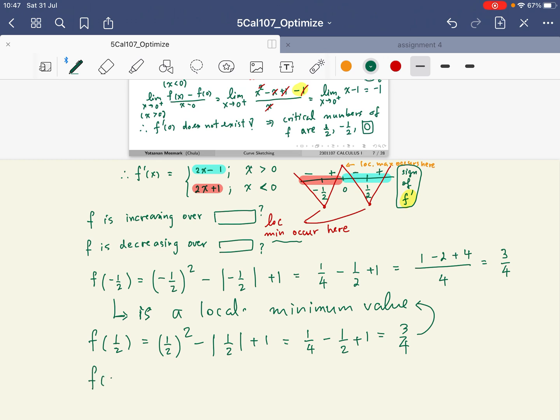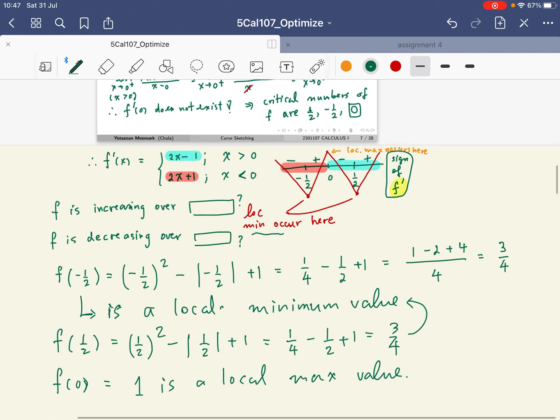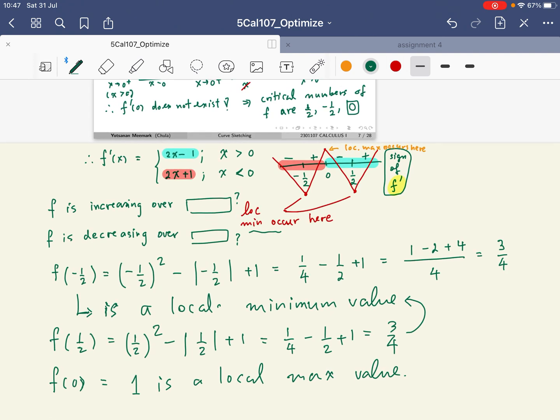And f at 0, remember, it is simply 1, which is a local maximum value. So for this function you have both a local min and a local max, and the graph looks like that.